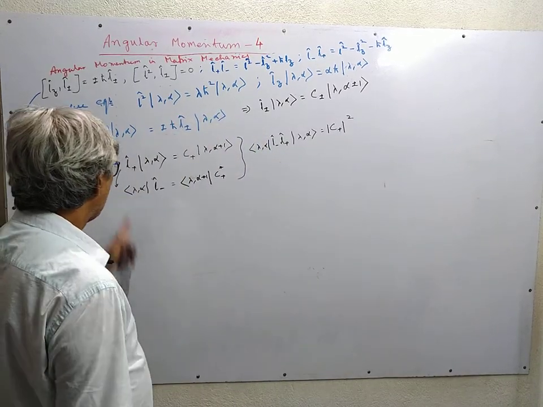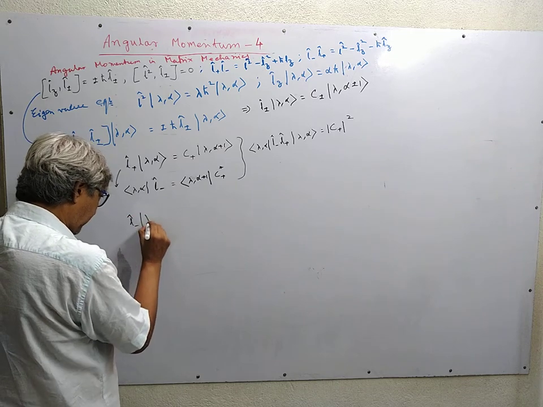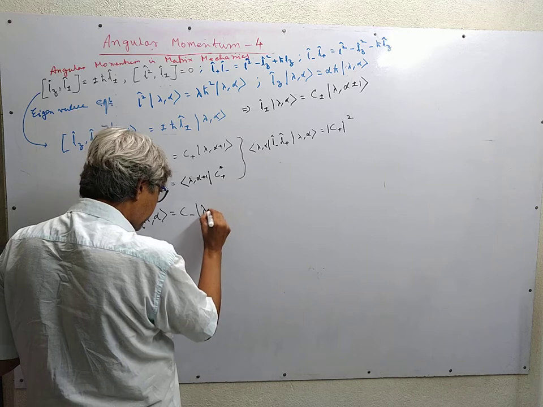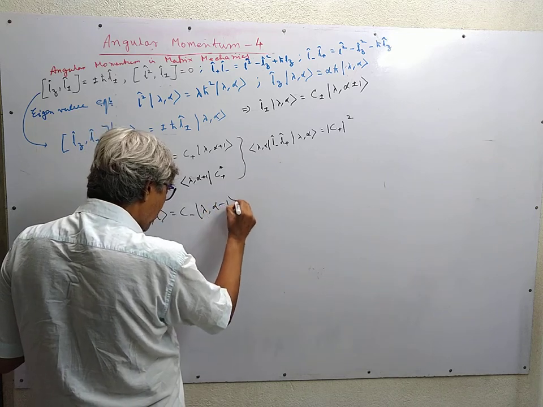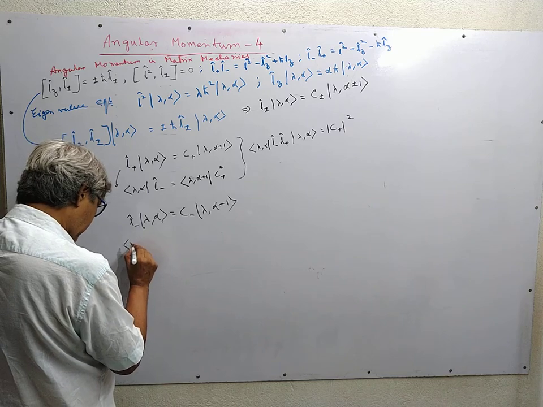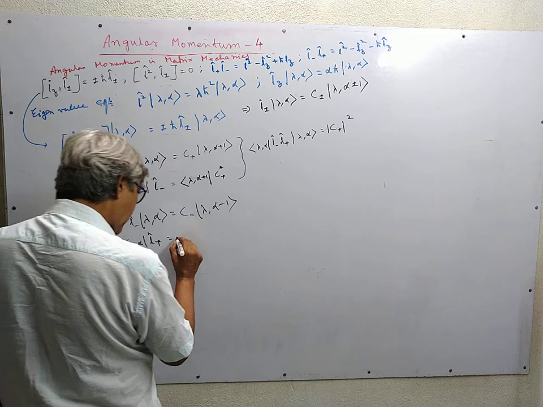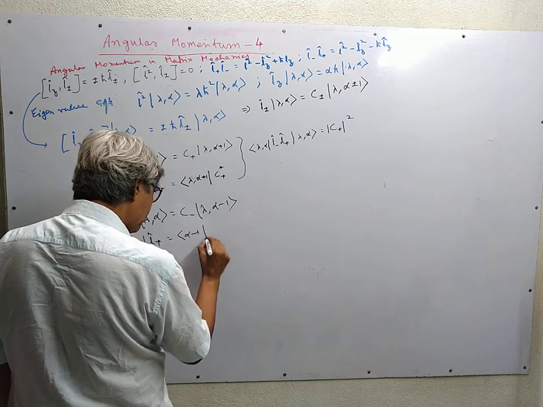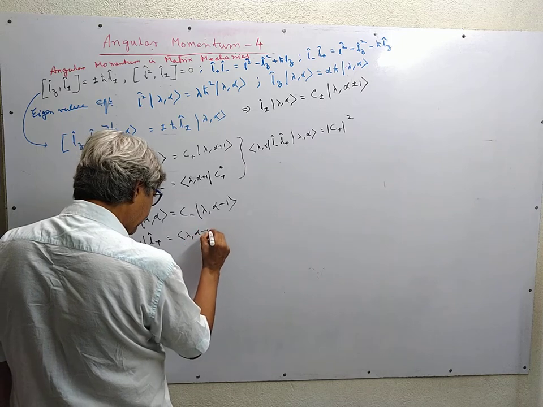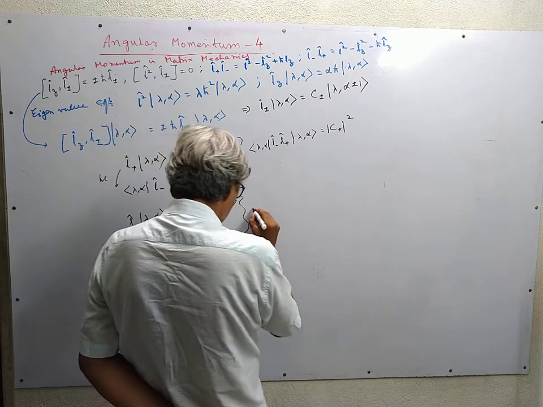Similarly, starting with the L minus equation, L minus operating on lambda alpha gives you C minus lambda alpha minus 1. This has a Hermitian conjugate relation: lambda alpha L plus is equal to lambda alpha minus 1 C minus star.